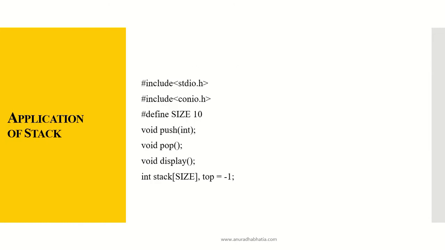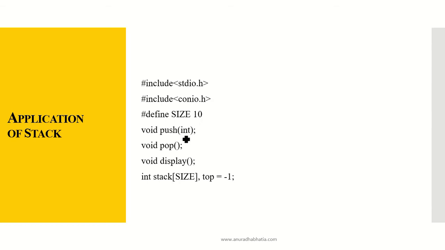Now let's see how we do it with a push and a pop function. This is a menu driven program for the application of stack with the push, pop and display functions. So #include <stdio.h>, #include <conio.h>, #define SIZE 10. So we're taking the size of the stack as 10.